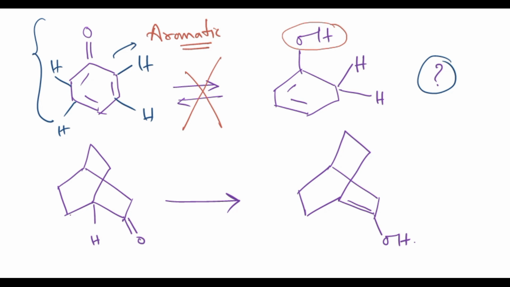In the same way, if we talk about this molecule, you can see this is the functional group C=O. Here is your alpha carbon, here is your alpha carbon. Will it show this type of tautomerism? Actually no. Remember, this is a tricyclic compound.